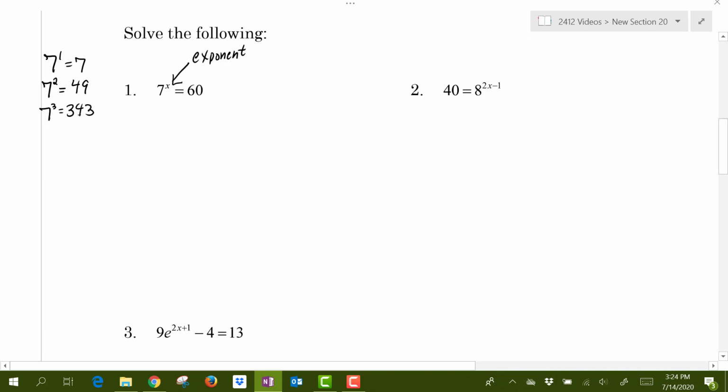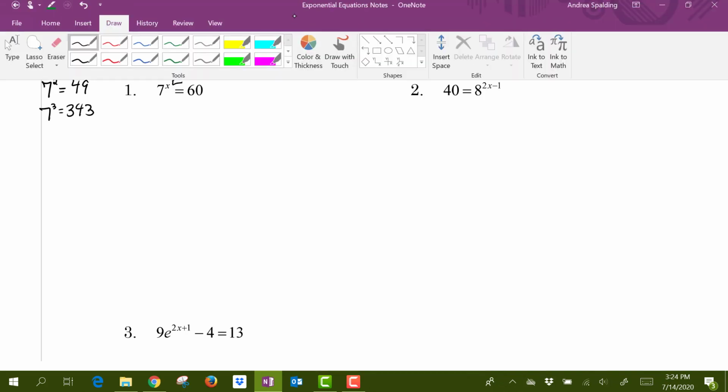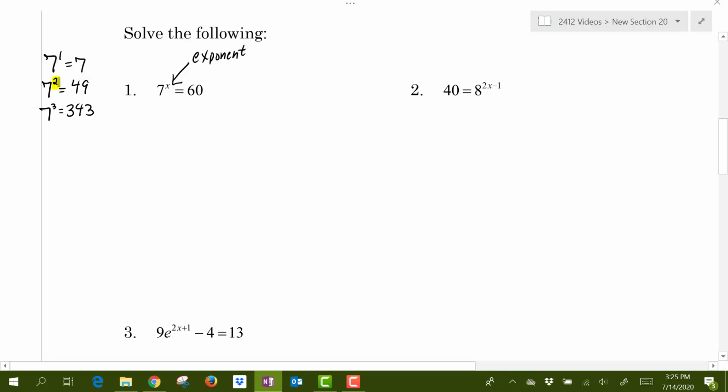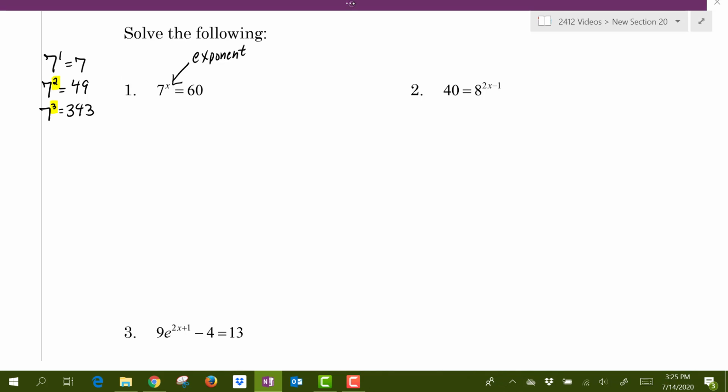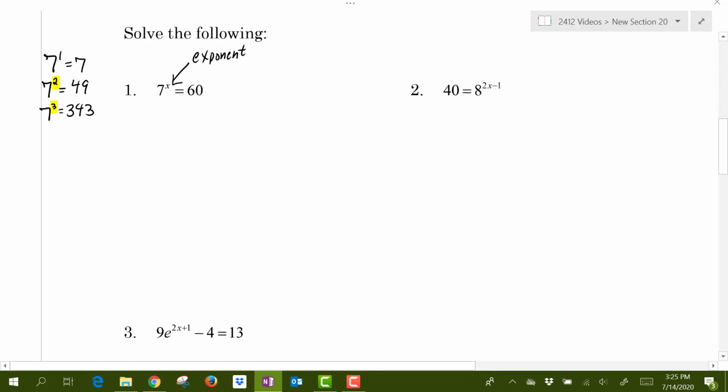That's way too big. So if I had to take a guess, what exponent would be needed on the 7, I would guess it would be between 2 and 3, probably closer to 2. So let's say 2.15. Okay, so that's just a guess. Now, as we go through our steps, we should get something really close to that exponent.